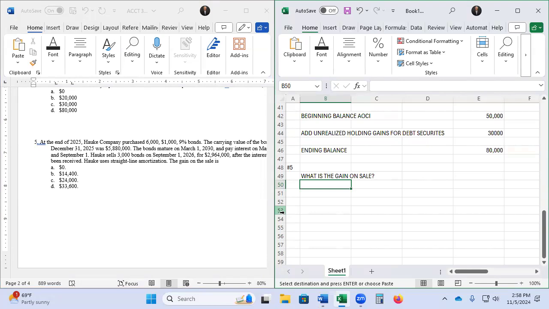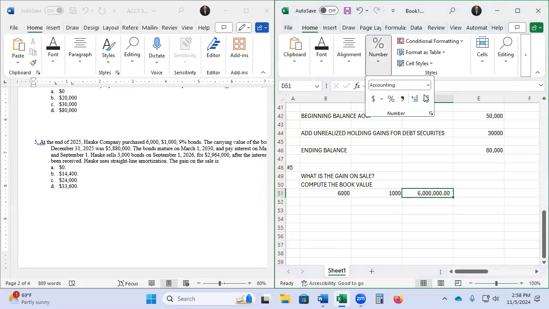All right, so it's asking for the gain on the sale, so we need to compute the book value. So we had 6,000 bonds that were $1,000. And so that comes out to be $6 million.